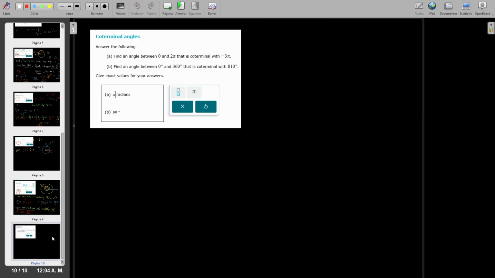Now to the next one, again. A number between 0 and 2 pi. Which is the number? Minus 3 pi. This is smaller than this one. Why? Because it is negative, so we need to be adding 2 pi, right? How much is this one? Minus 1 pi.